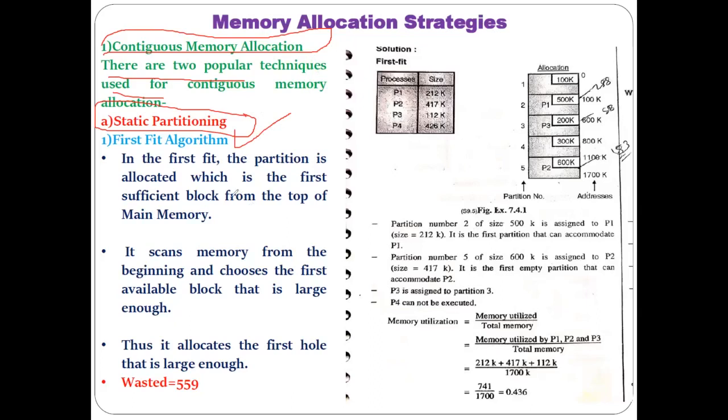Let's read the theoretical point first, and then use an example to understand it better. In the first fit partition algorithm, the partition allocated is the first sufficient block from the top of the main memory. It scans the memory from the beginning and chooses the first available block that is large enough.